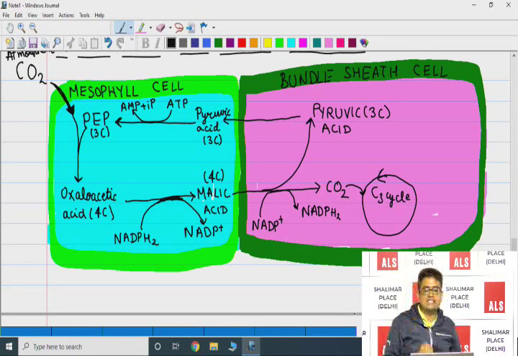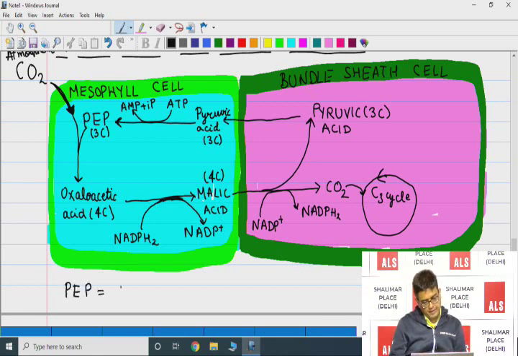Transportation cost here is extra. How is it coming? It is coming from pyruvic acid and phosphoenol pyruvic acid. In that reaction, energy equivalent to 2 phosphate is consumed. So you will not write 1 ATP is consumed here. When you have to calculate the cost, you will say that energy equal to 2 ATP is consumed in this total cycle, or in the reaction between formation of PEP from pyruvic acid. Let me write the full name of PEP, phosphoenol pyruvic acid.